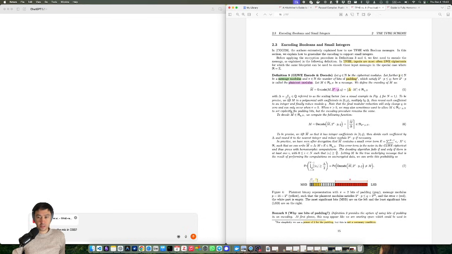Wait, so P is the size of the modulus? We can only encode 4-bit values? Is that what's happening? Yeah.